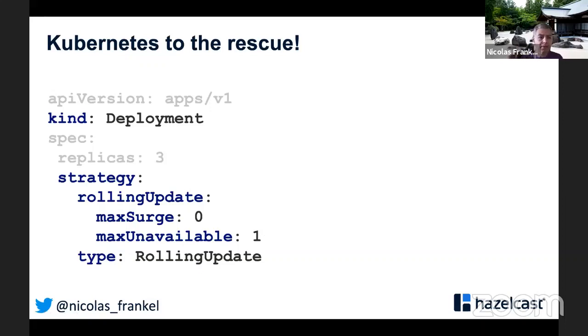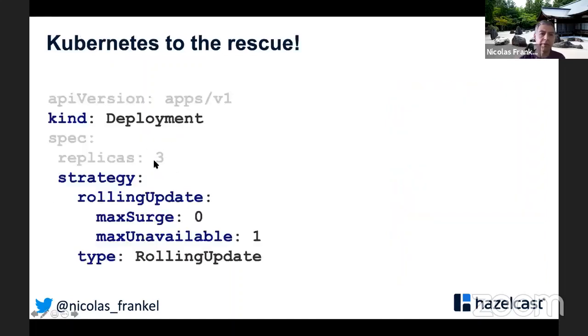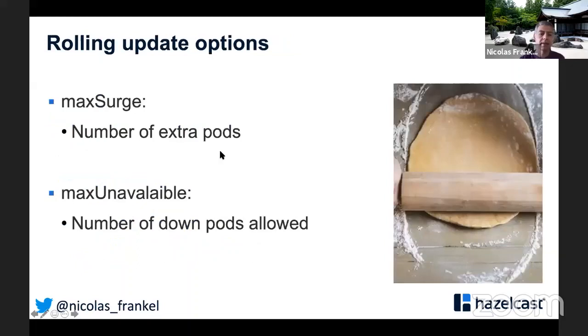So this max surge is the number of extra pods. So this is a baseline. We have 3 replicas. And max surge, it's how many extra pods do we allow above that number. And max unavailable is the number of pods that during the rolling upgrade.